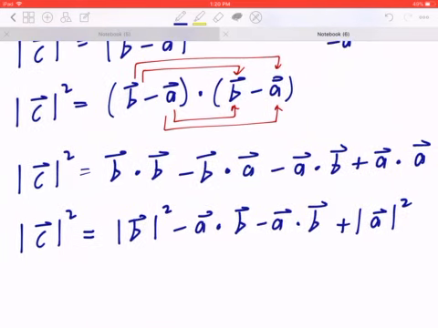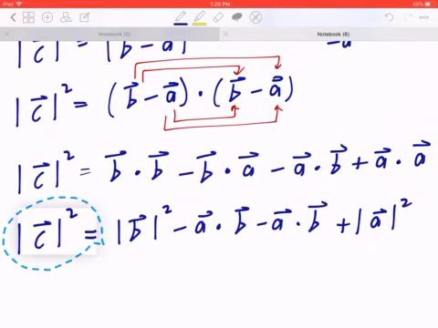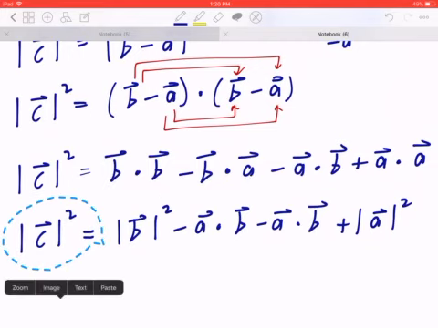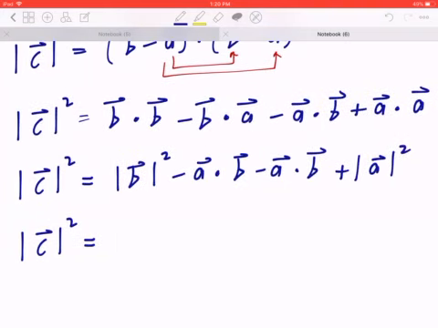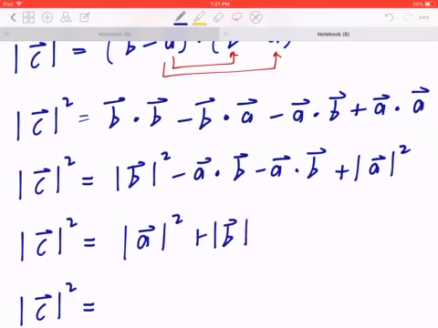Now, when I collect like terms, we have to apply the definition of the dot product again. So I can copy the first term as the magnitude of a squared, copy the second term as the magnitude of b squared. Since I have negative 1 minus 1, that's going to be negative 2 a dot b.